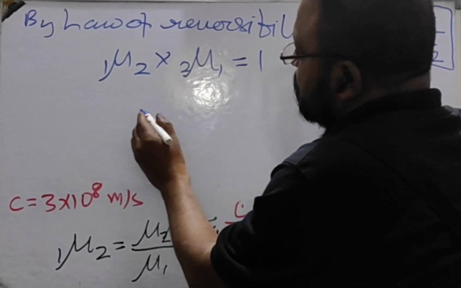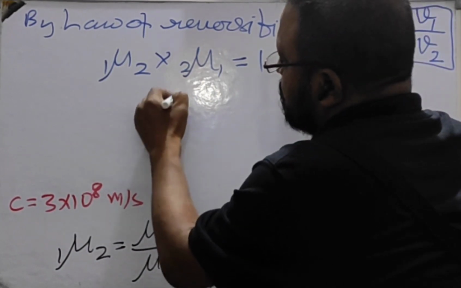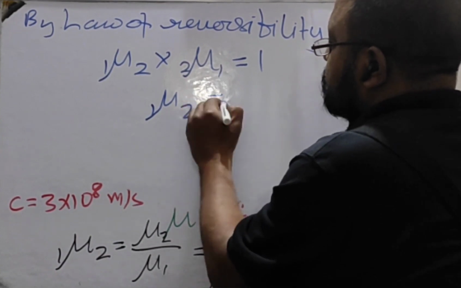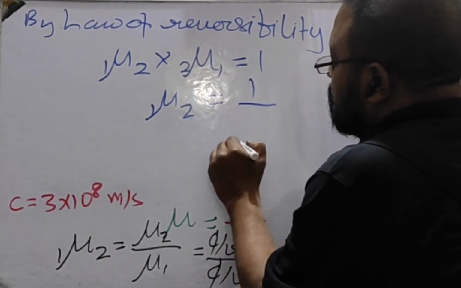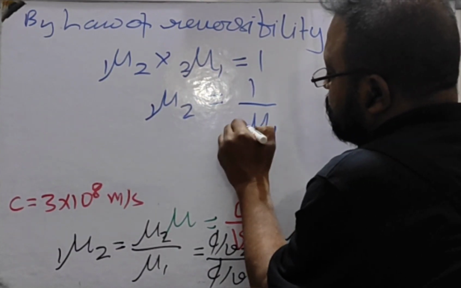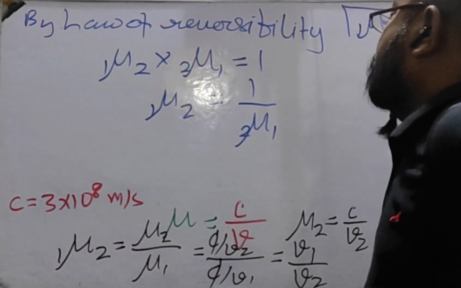Or we can say the refractive index of medium 2 with reference to medium 1 is equal to 1 upon the refractive index of medium 1 with reference to medium 2. Right?